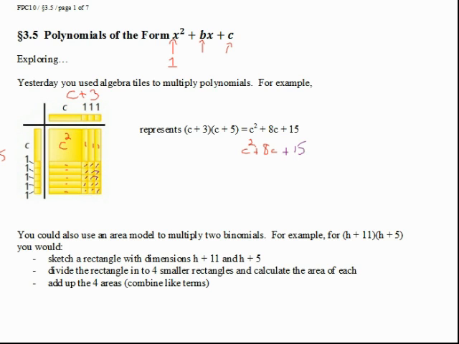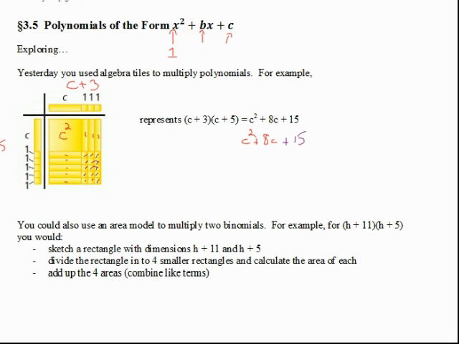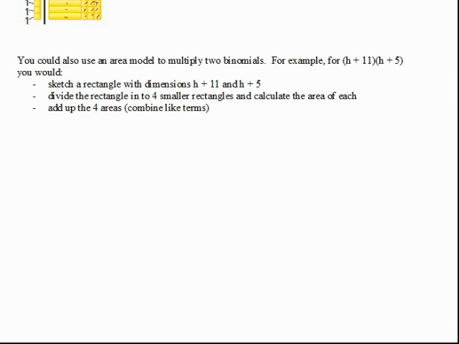You can also use an area model to multiply two binomials. For example, if we had h plus 11 times h plus 5, we could do it with an area model. That just means we take a rectangle, and it doesn't matter what size or shape it is.